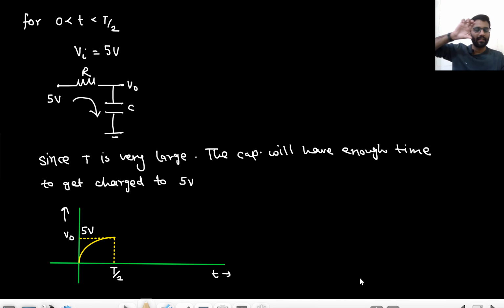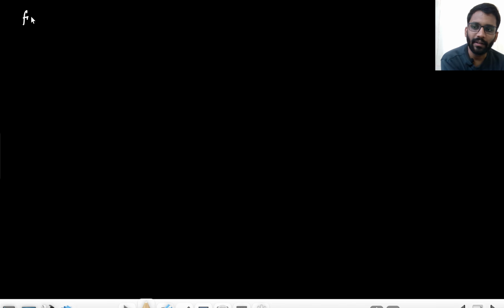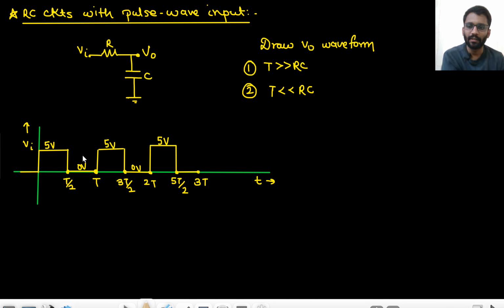Now the capacitor is charged to 5 volt. For T by 2 to T, what is happening? V input is 0, right? The input is gone. Input is 0, and the capacitor is already charged to 5 volt.